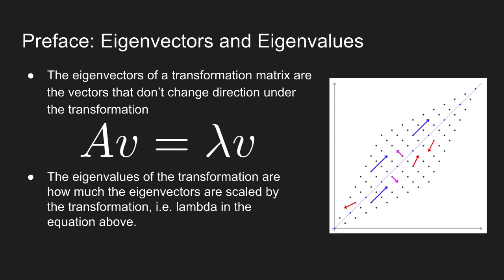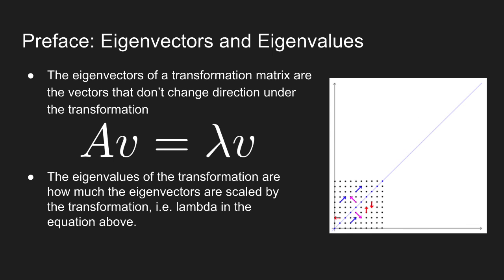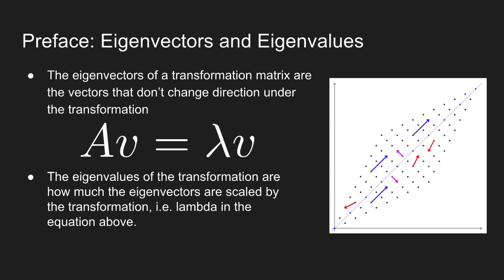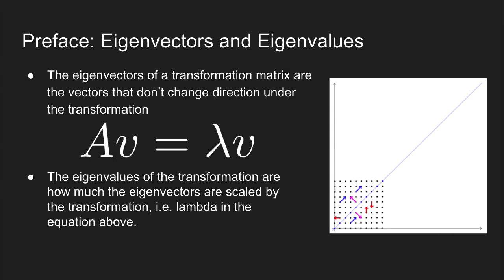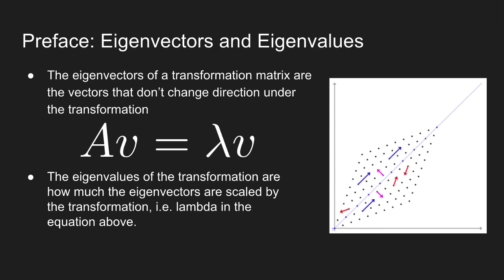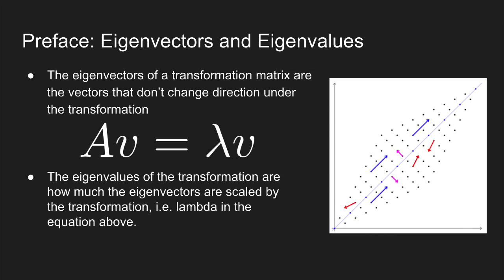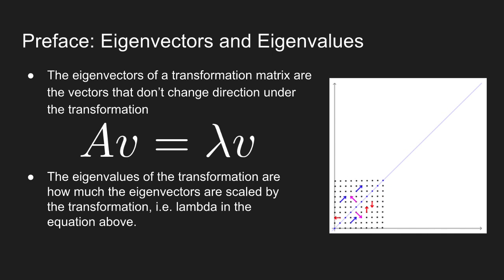Eigenvectors, geometrically: think of the eigenvectors of a matrix A, where A is a transformation matrix. Any matrix is a linear transformation, they're one and the same thing. So you can think of this matrix as doing a transformation like this skewing here, and the eigenvectors of this transformation are the vectors that don't change direction.